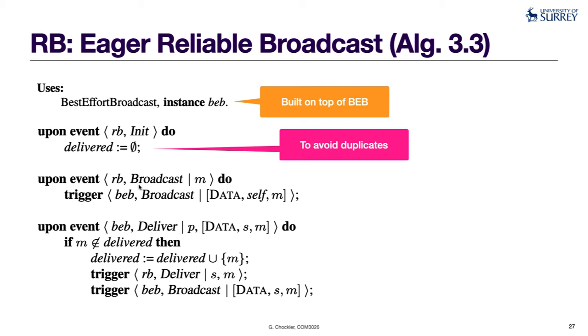Now, to broadcast a message, we simply trigger the broadcast request on this BEB layer that we assumed we have access to. We send a message of type data, which is the actual message, and we also include our own ID in the self attribute.